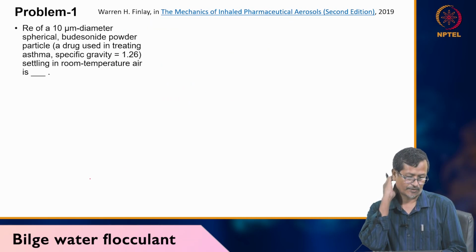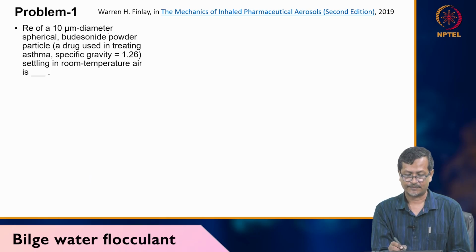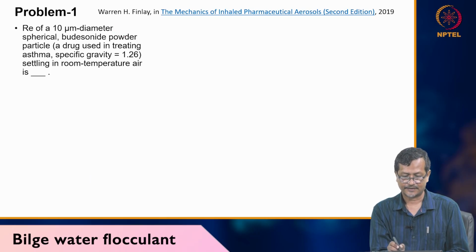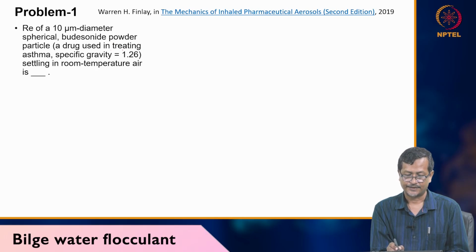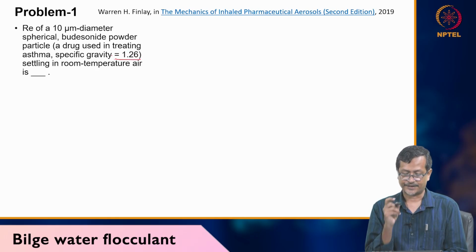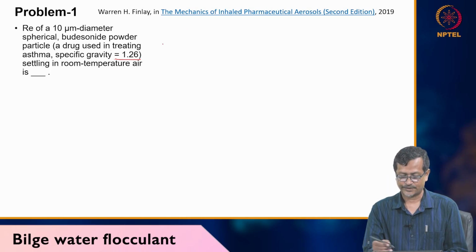Let's take a simple problem. Find the Reynolds number of a 10 micrometer diameter spherical powder drug particle, specific gravity also given, settling at room temperature in air. So in that case, instead of water they have taken some particle and it is air.